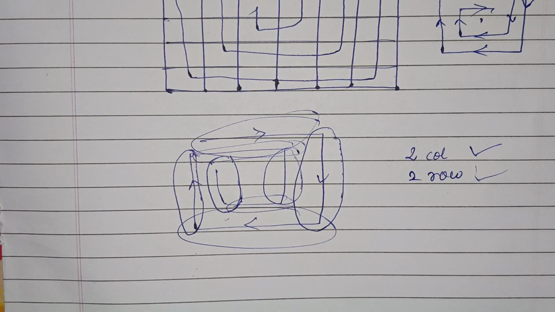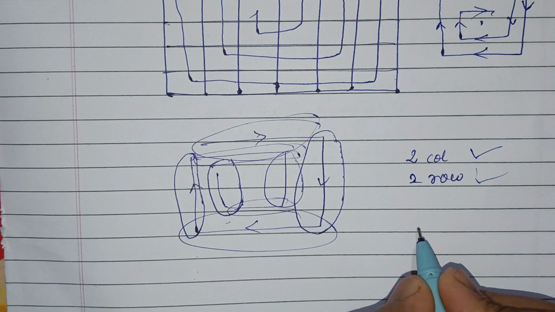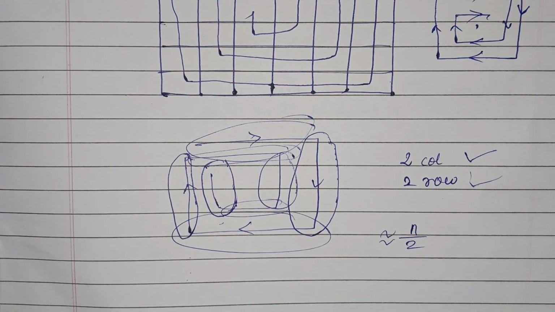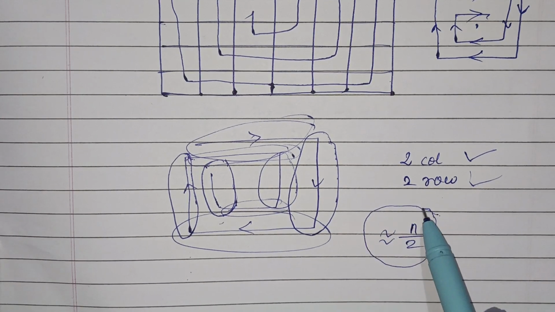After completing one loop, our work gets half. So approximately we have to run our loop n by 2 times. So after each iteration the work gets half. So approximately we have to run n by 2 iterations.